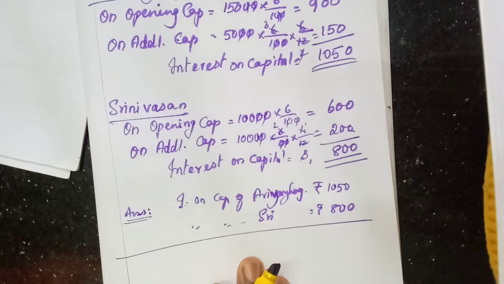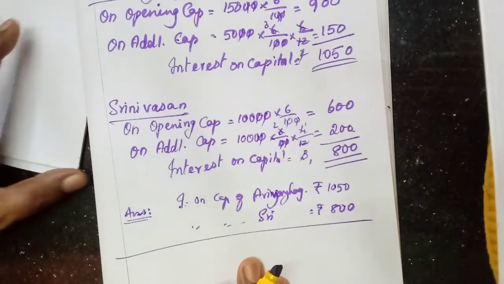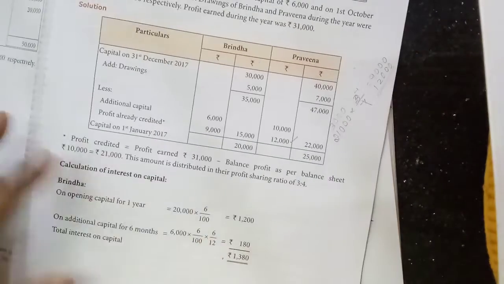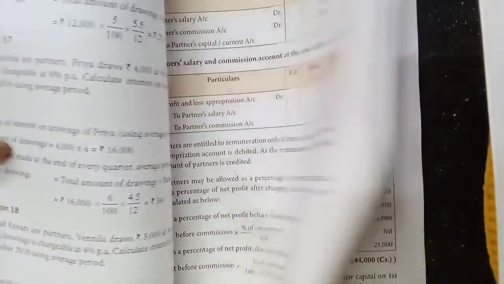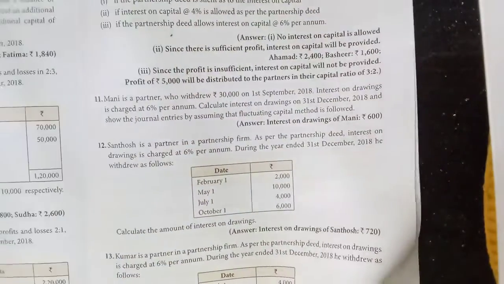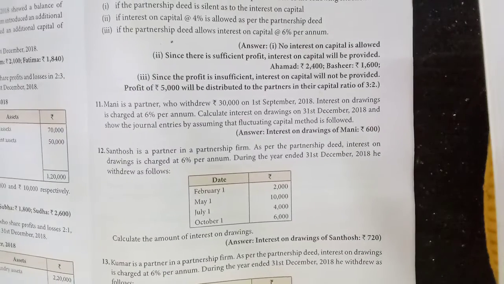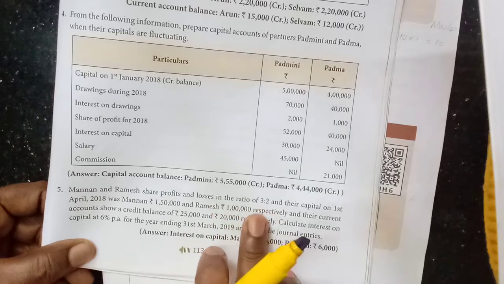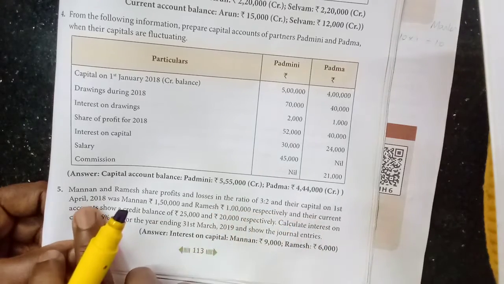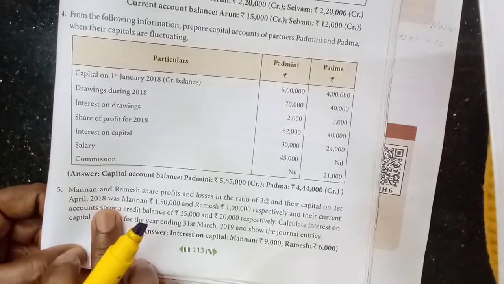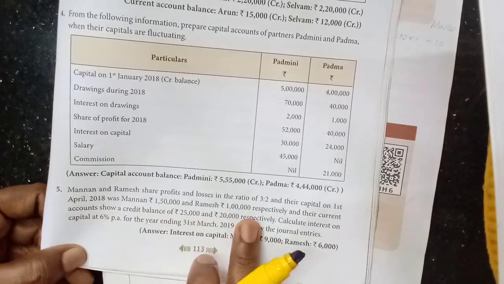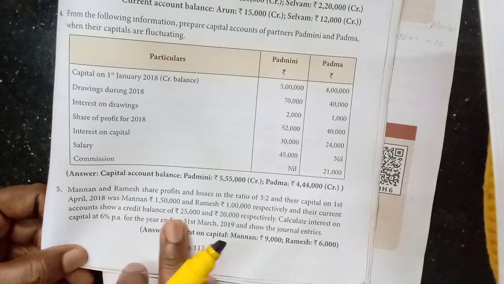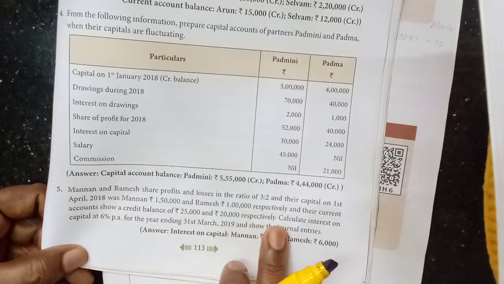So, I will explain now some of the exercise you have to do. Up to 4th we have completed. Now the 5th exercise. Mannan and Ramesh share profits and losses in the ratio of 3:2 and their capital on 1st April 2018: Mannan 1,50,000, Ramesh 1 lakh, and their current accounts show a credit balance of 25,000, 20,000 respectively.